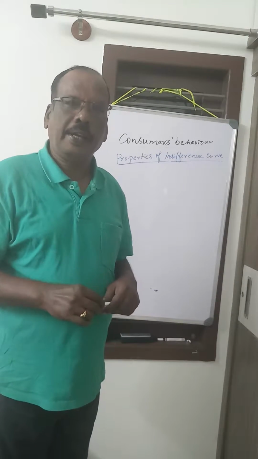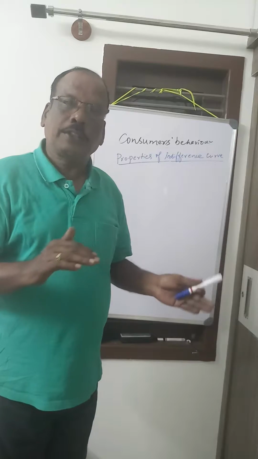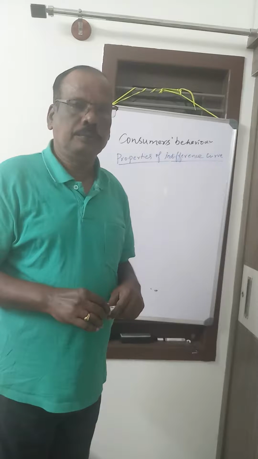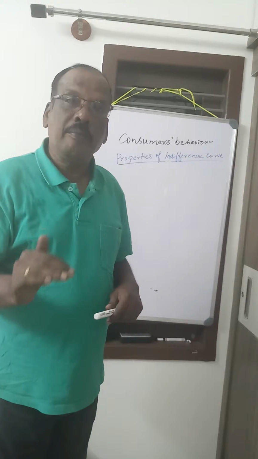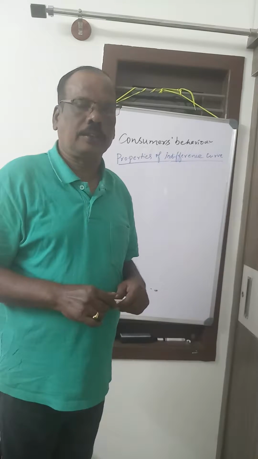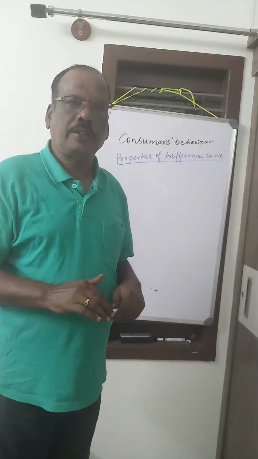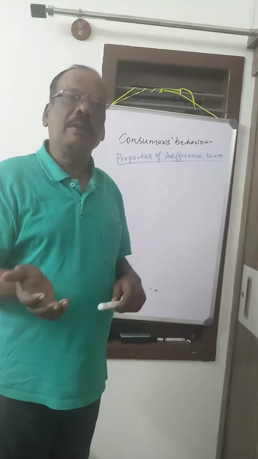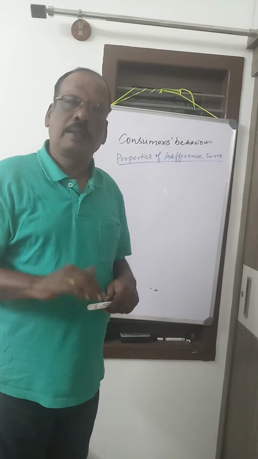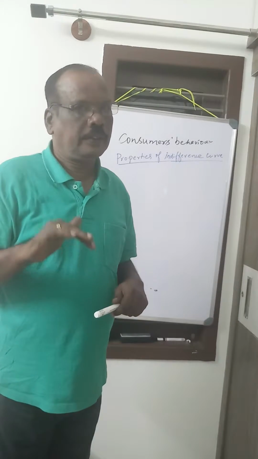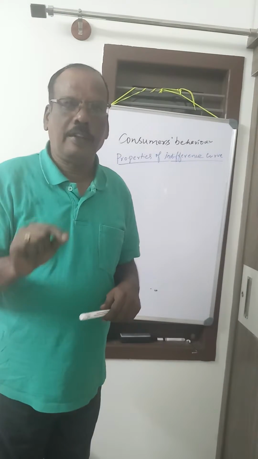I will repeat it again. It is the locus of all combinations of two goods which yield the same level of satisfaction. Since these combinations yield the same level of satisfaction, the consumer finds no difference. That's why this curve is called indifference curve.